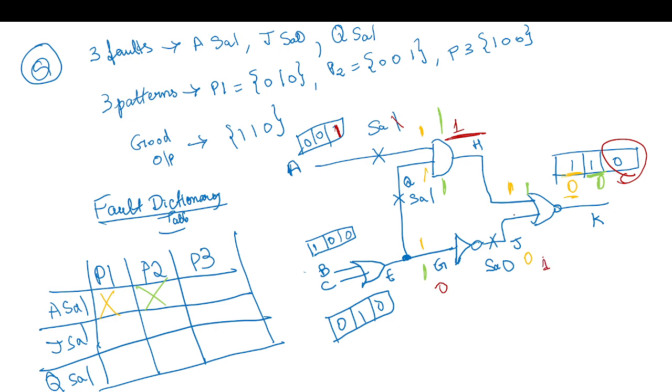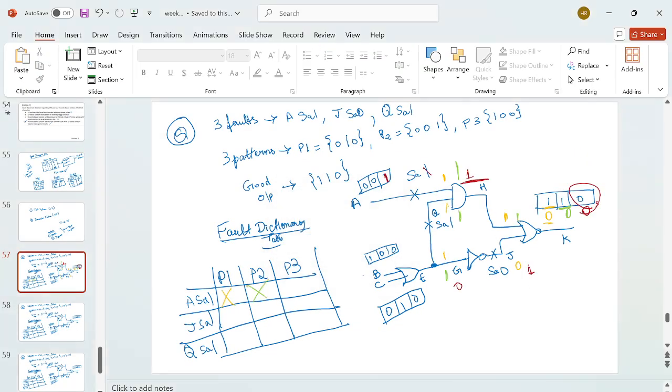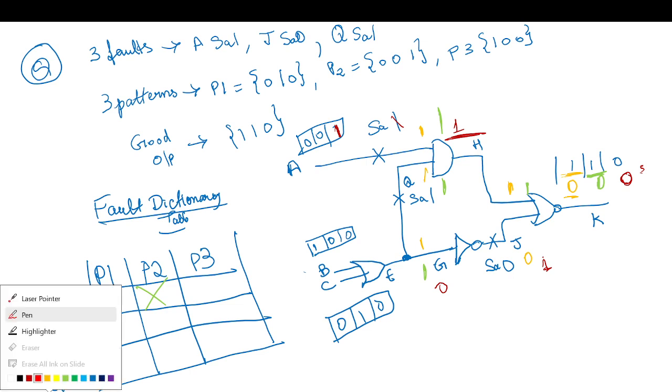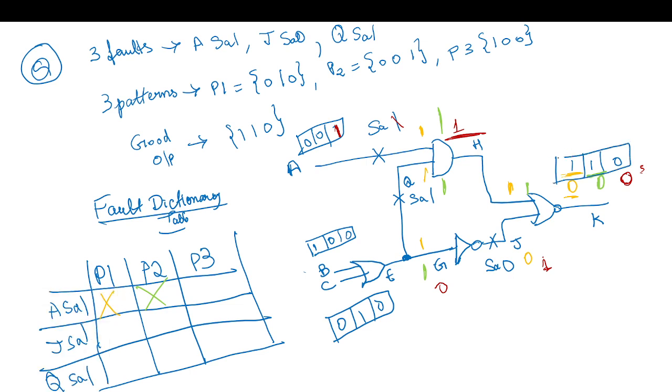Is it? Yeah. So this is 1, this is 1. The 1, 1 will give 0. So this 0 and this 0 are the same. So this pattern P3 is not able to detect the fault.